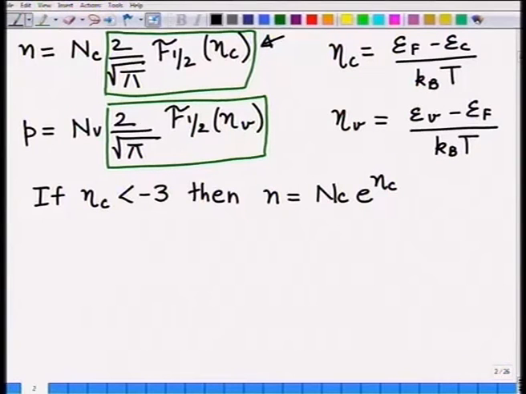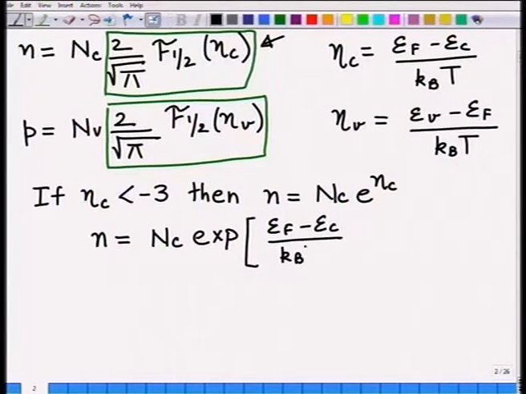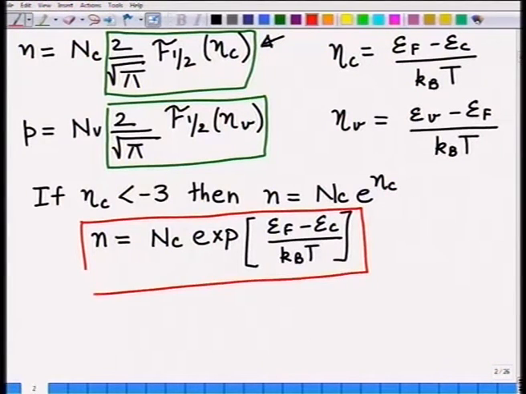And since we know what eta c is, I can write n equal to N_c times e to the power (E_f minus E_c) divided by k_B T. So, here is the value of n that we can derive, under the assumption that eta c is less than minus 3.